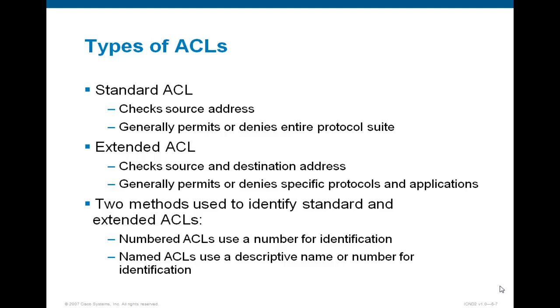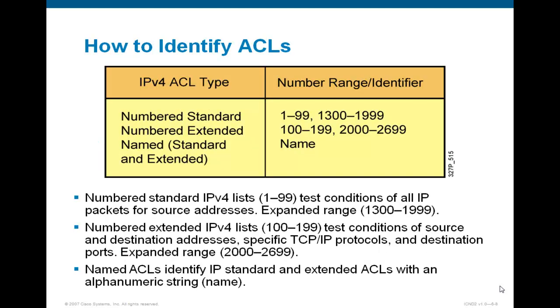To identify the different types of access list, standard or extended, the first method is based on the number. The second method is based on the name. This table gives you a brief and clear view of how to identify the types of access list. Based on the number range, access list numbers 1 to 99 refer to IP standard access lists.